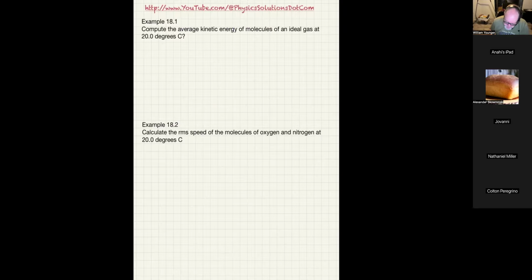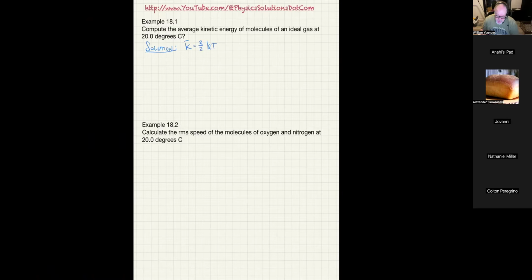Anyways, compute the average kinetic energy of molecules of an ideal gas at 20 degrees Celsius. Again, I can't write subscripts or superscripts, so it was really hard for me to write a degree symbol, so I just wrote degrees. With that in mind, let's compute the average kinetic energy of molecules. So according to our equation, the solution can be gotten by applying the average kinetic energy equals 3/2 kT.